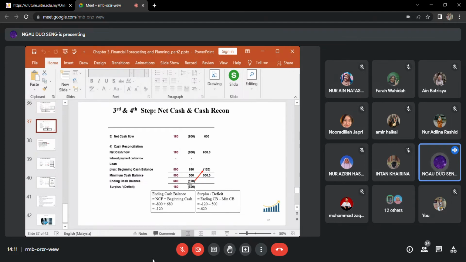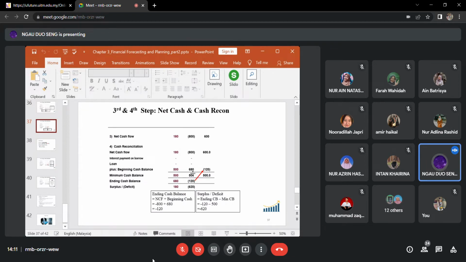Alright, so now ending cash, right? Ending cash. So you can see ending cash adalah negative 800 plus the beginning cash. So we are still short of 120 negative, right? Ending cash balance negative. So and then the surplus or deficit adalah negative 120 tolak.